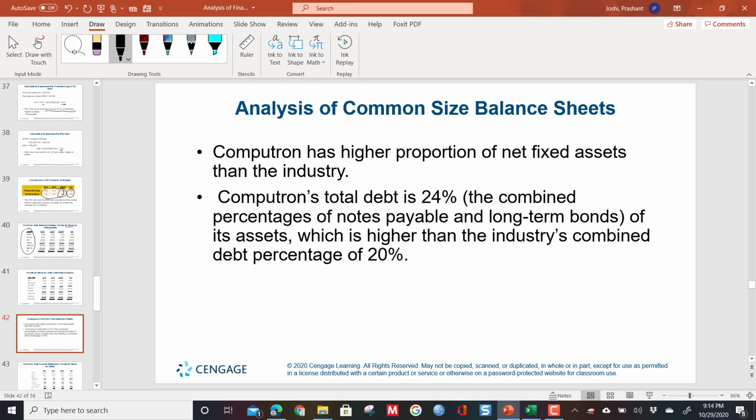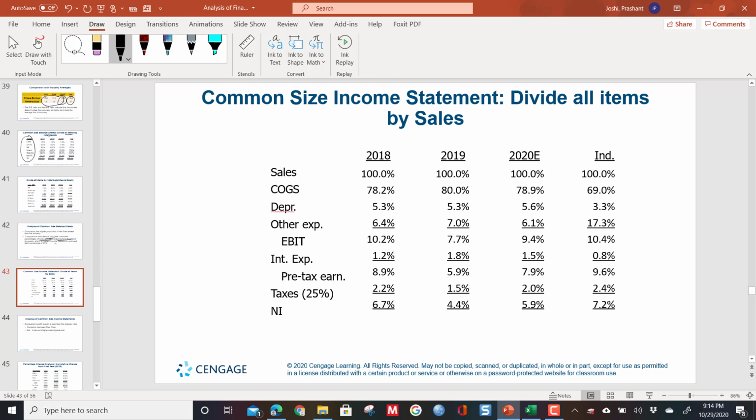What you can analyze from the common size statement is the proportion of net fixed assets in the total assets, like each of the components of the assets in the total assets. And the liability side has 24% of notes payable and long-term bonds, which is higher than the industry combined percentage of 20%.